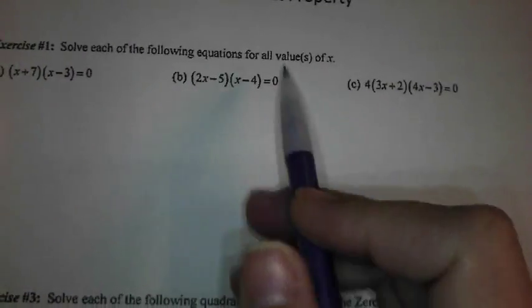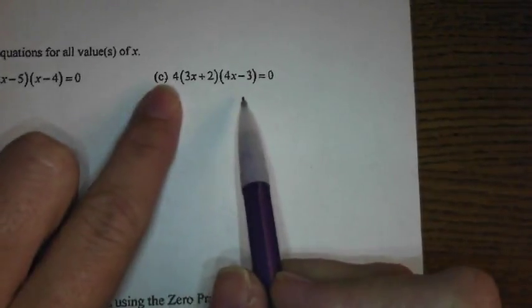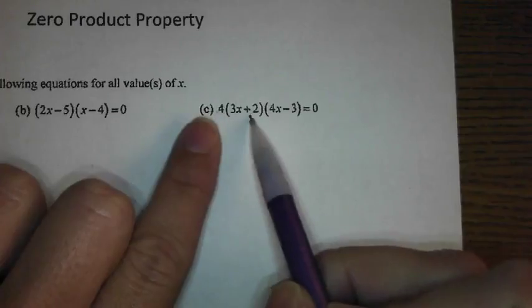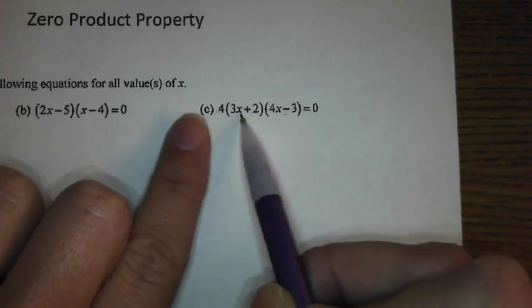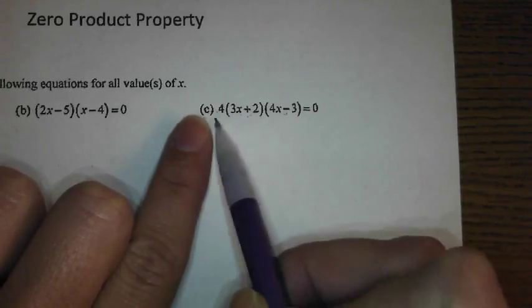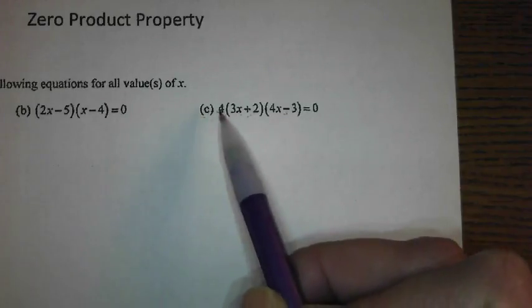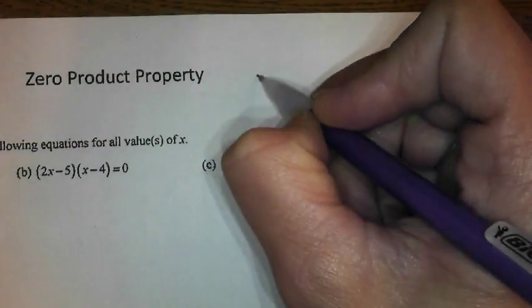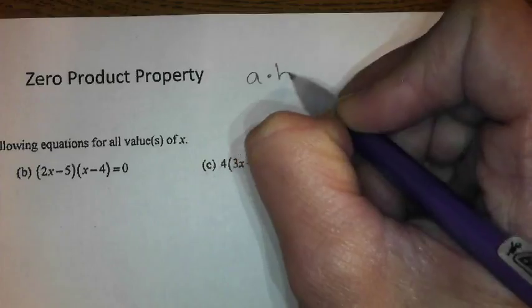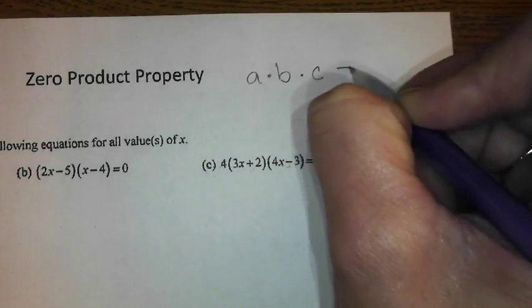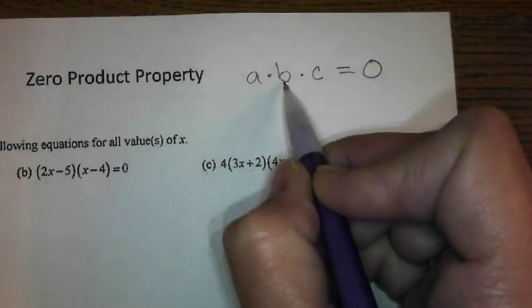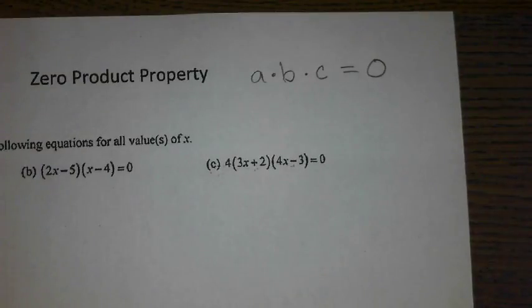So in these particular equations, and let's just do part C, how many factors do we have here? 3, okay? Now, if the zero product property says, and I'll use 3 factors, if A times B times C equals 0, then at least one of 3 things has to be true.